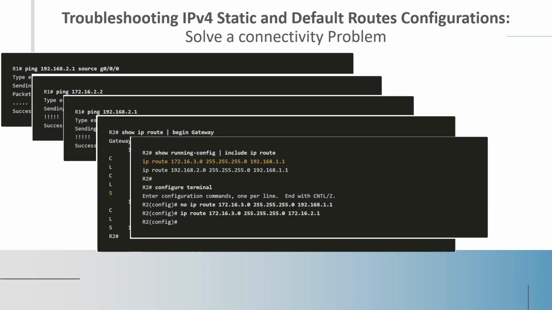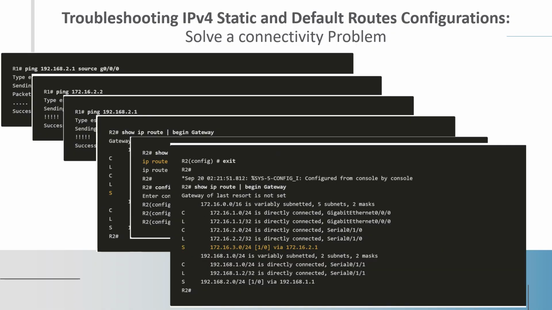Then after we do this, we verify the new static route is installed, which means that we use the command show IP route again, and we will see that the entry to the LAN on router 1, 172.16.3.0, is correct now as it is pointing toward router 1.